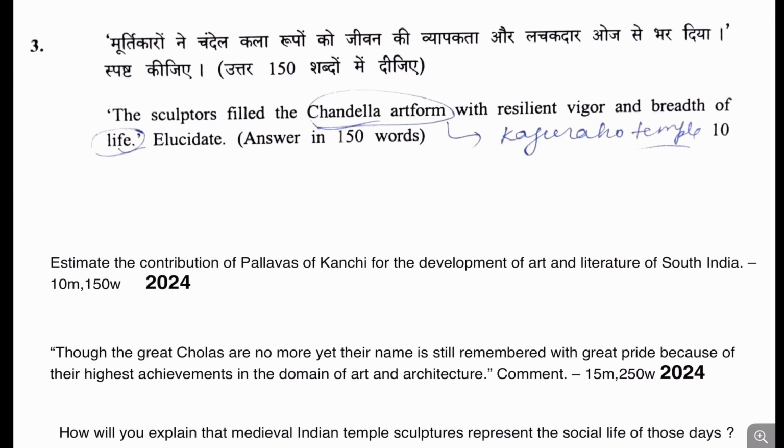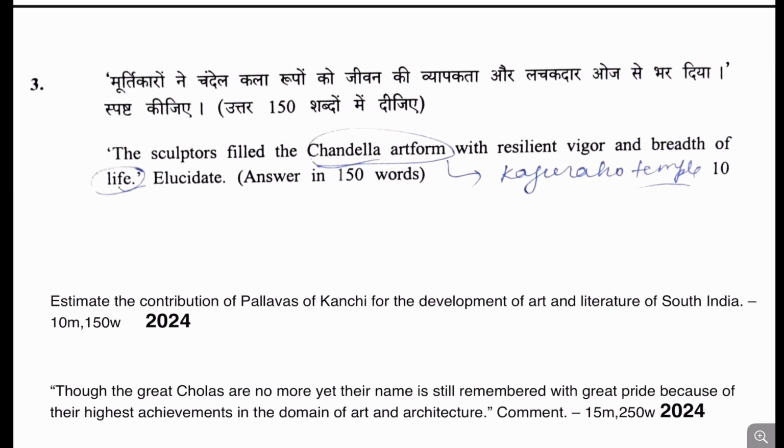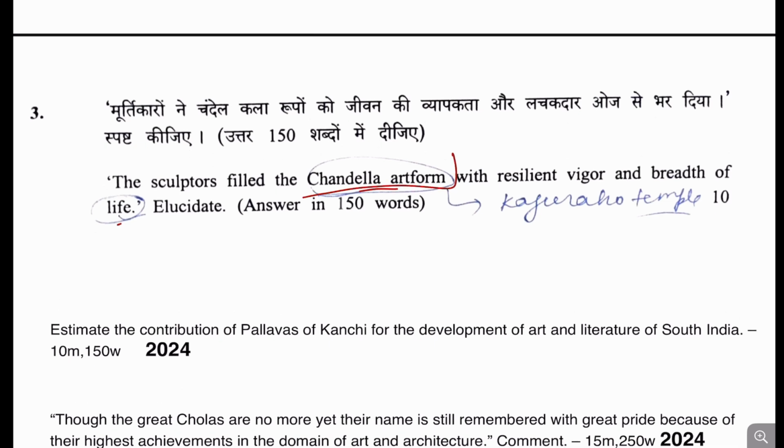The third question is: the sculptures filled the Chandela art form with a resilient vigor and breath of life; illustrate. So the Chandela art form has been asked here. This question is entirely different.